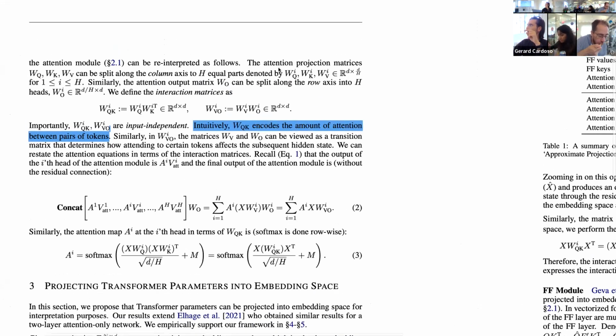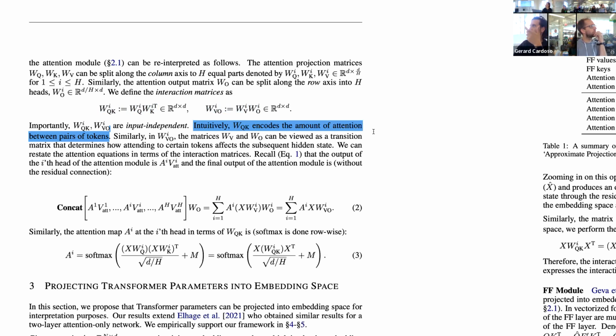Rather than looking at these projection matrices in the attention layer, you can define interaction matrices between these parameters. So you have WQK, which multiplies the query and the key projections, and likewise for the value and output.